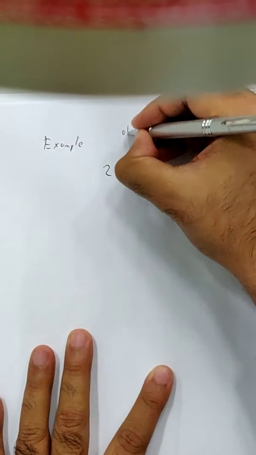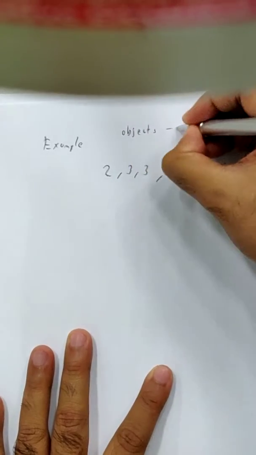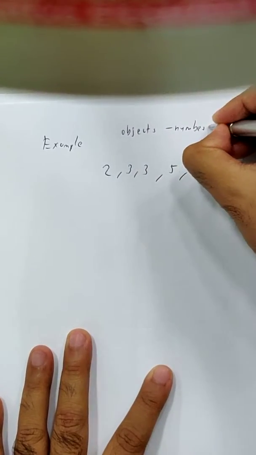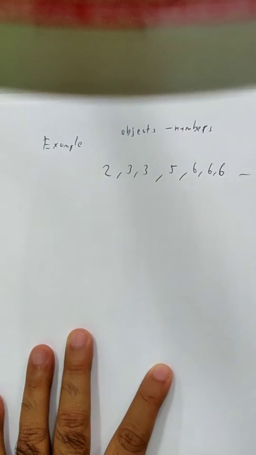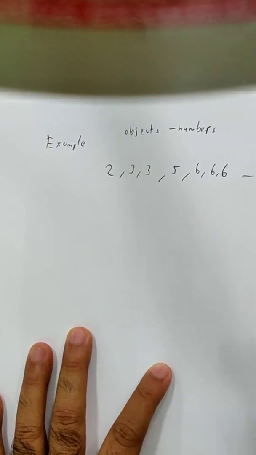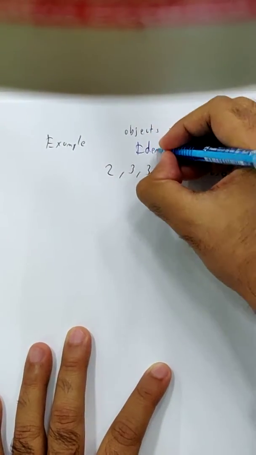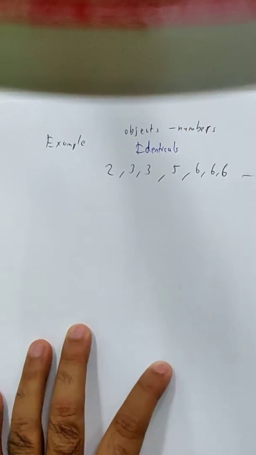This is the moment I can say your objects are numbers, but they do not play roles yet. And what case is this? Identicals. On your own. Good luck. Do apply what we have learned just now. On your own. 1 minute. Quick.